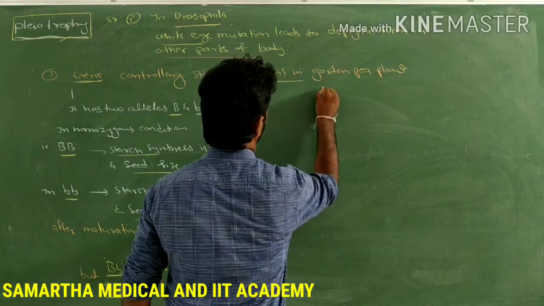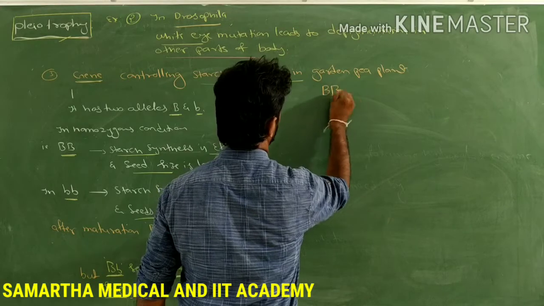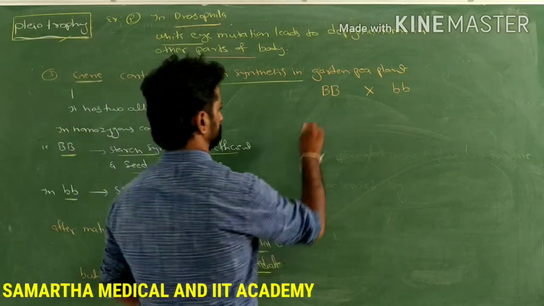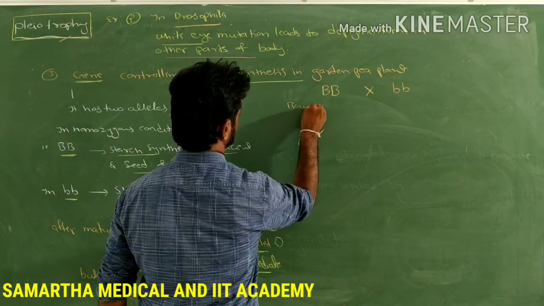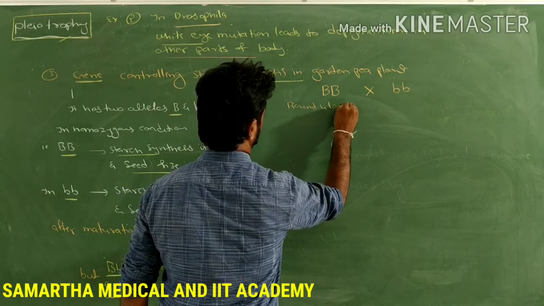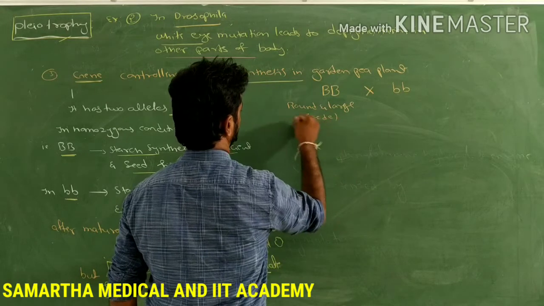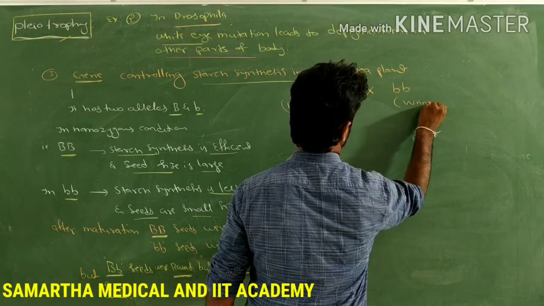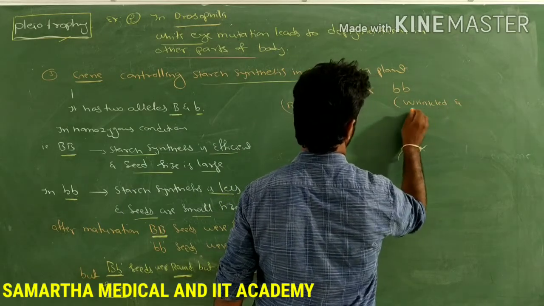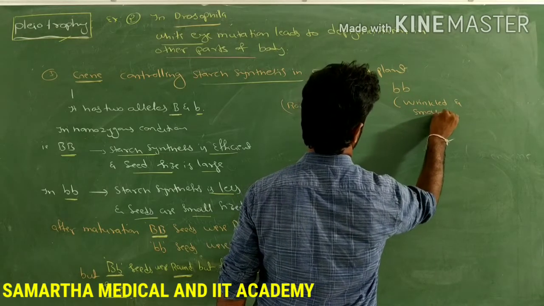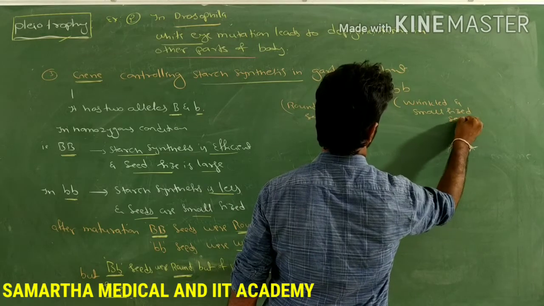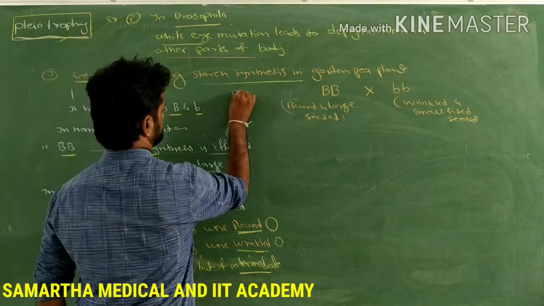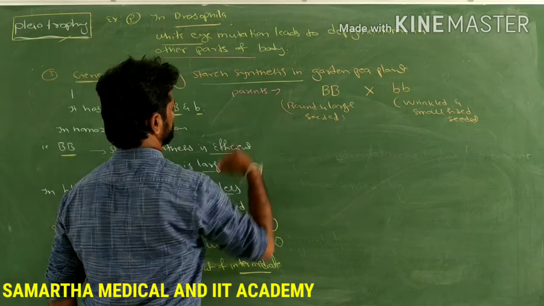When pea plants having the alleles which code for round and large seeds are crossed with wrinkled and small sized seeded plants, this generation is considered as the parental generation.